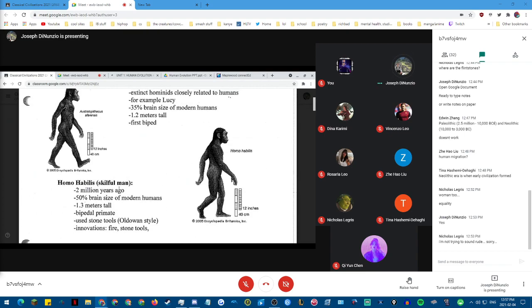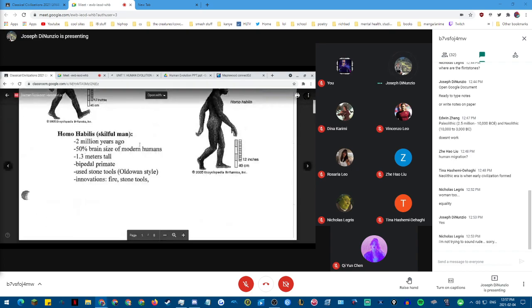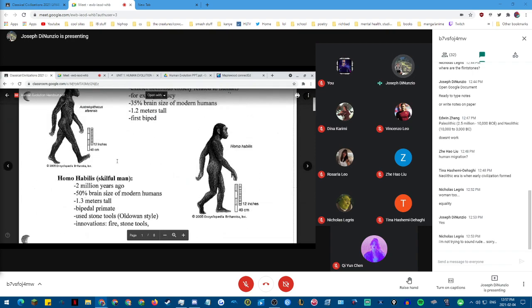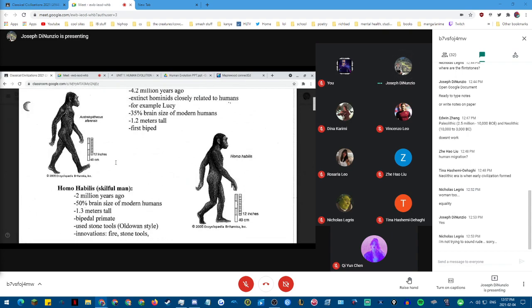So we went from 4 to 2 million years ago. And look at how they differ in size. Quite similar, right? Brain size a little bit bigger, and in terms of physique, maybe slightly bigger than Lucy. But habilis means skillful or handyman.